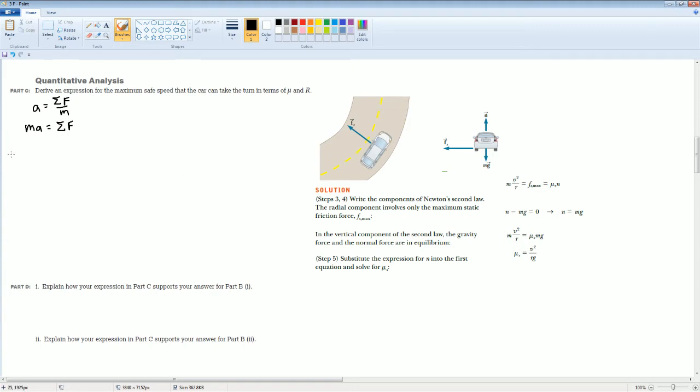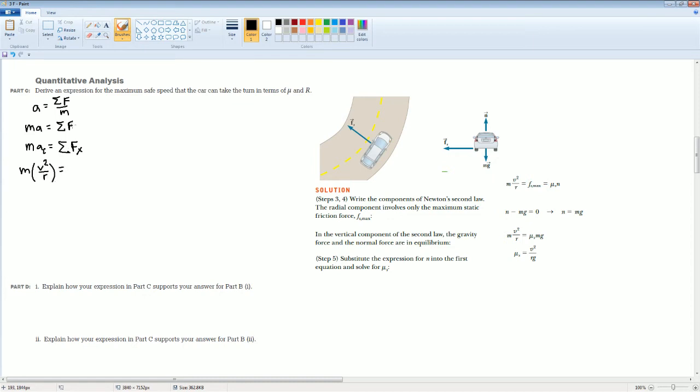So you can write this if you would like: m a_c equals F_x, and this is just in the horizontal. Again, a_c stands for the centripetal acceleration, and F_x is just the force in the horizontal direction. So this breaks down to m times the centripetal acceleration, which is defined as v squared over r.